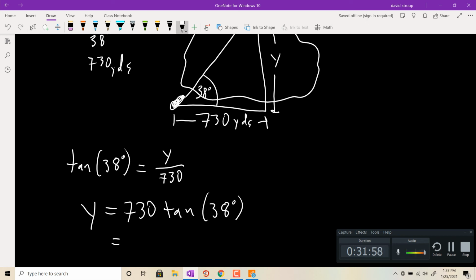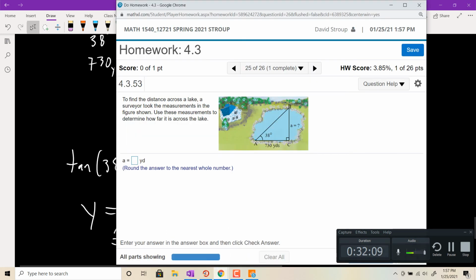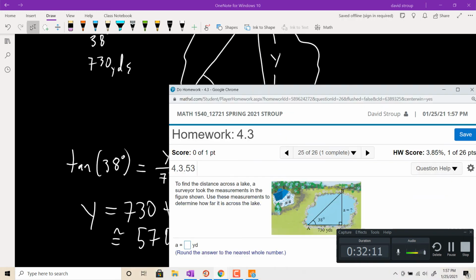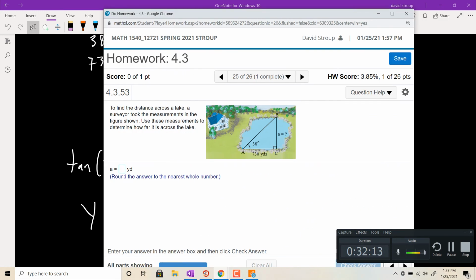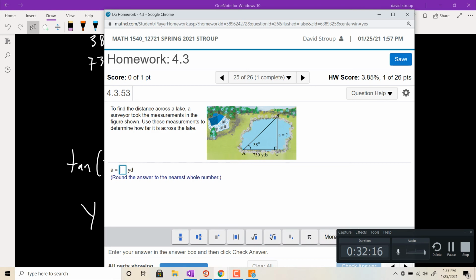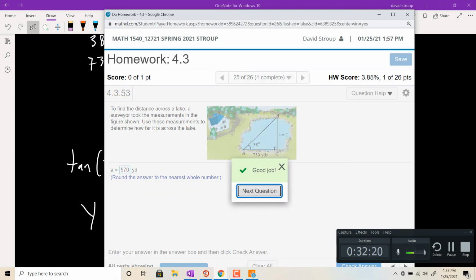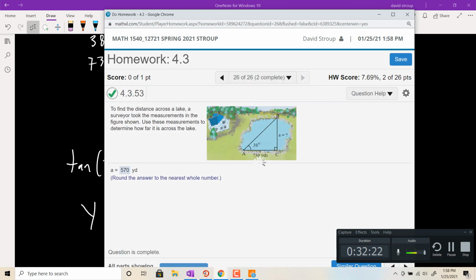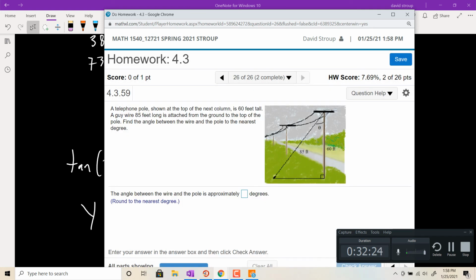I'm getting approximately 570.34 yards, depending on how many decimals they want. Oh, they want the nearest whole number, so 570 yards. Push enter. Yay. Let's see if they got another one for us real quick.